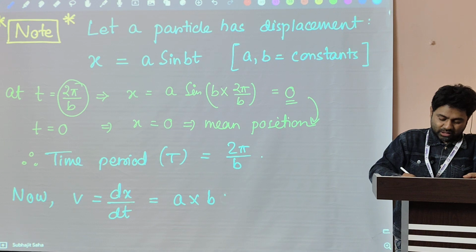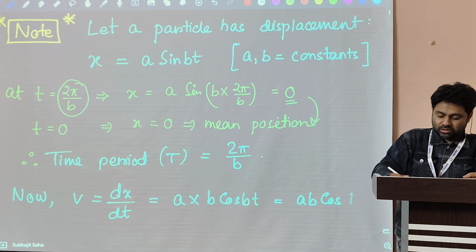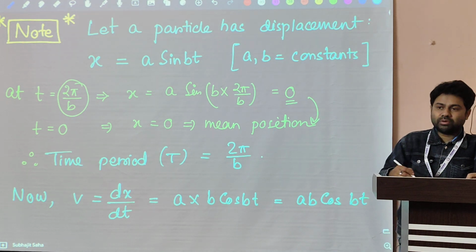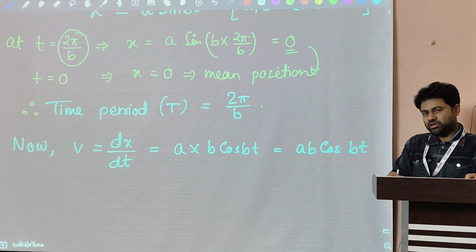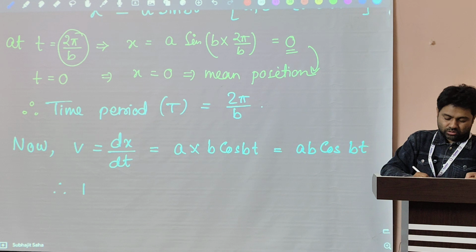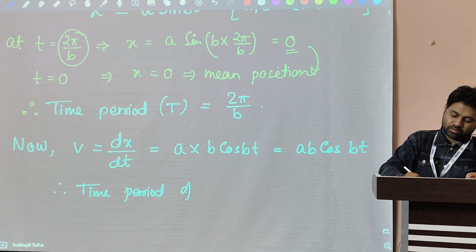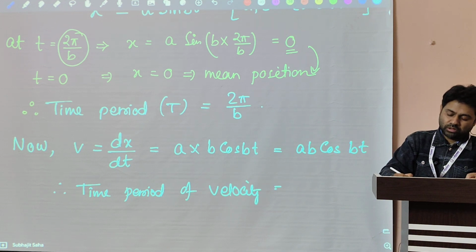So b cos bt, applying the chain rule. So it's ab cos bt. You can see it's again a periodic function. So the time period of the velocity is also the same.